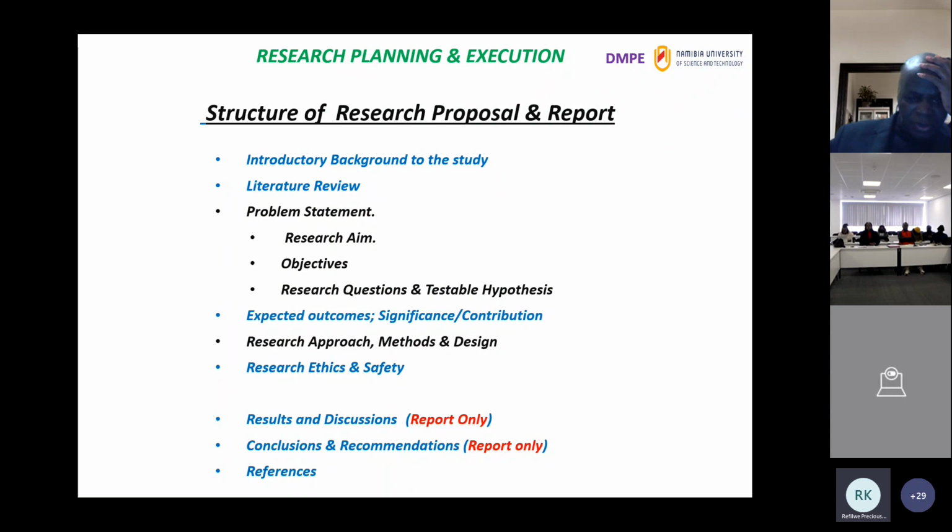Then you have the results and the discussions. So the results present the experimental data in the first part. Now, data is data. Data is not results. Data is the raw information, primary information that you collect from experiments, from the field, from questionnaire interviews and all that.